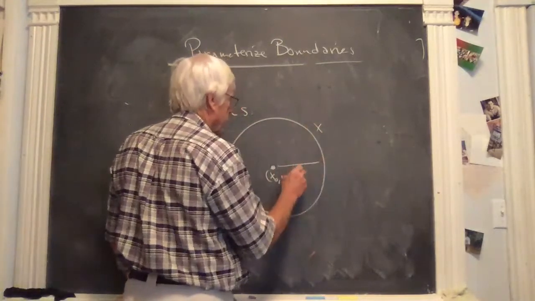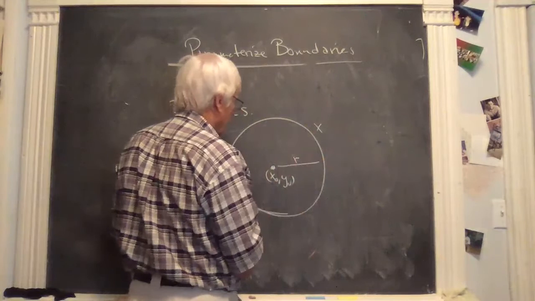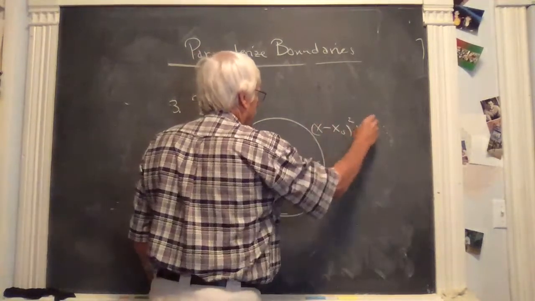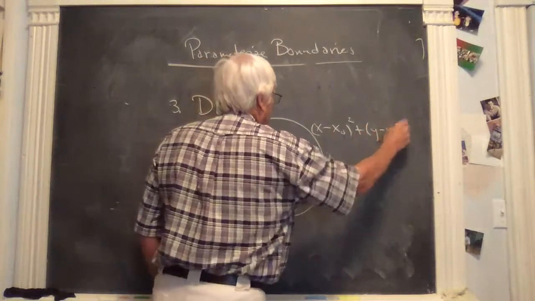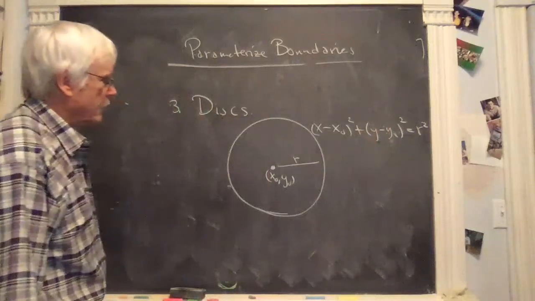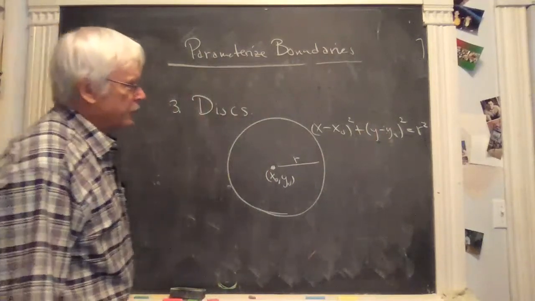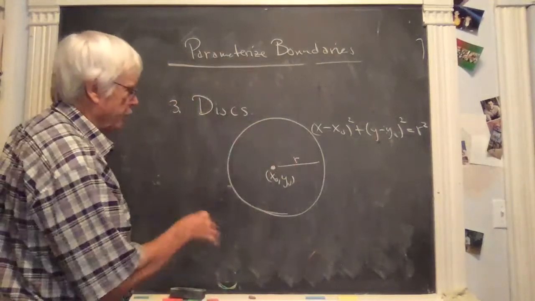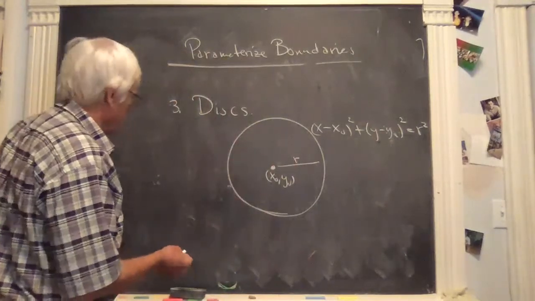Let's say the radius is little r. So if the radius is r, then this would be x minus x naught squared plus y minus y naught squared equals r squared. But a parameterization for this in terms of two variables, a full circle, is also not very hard.